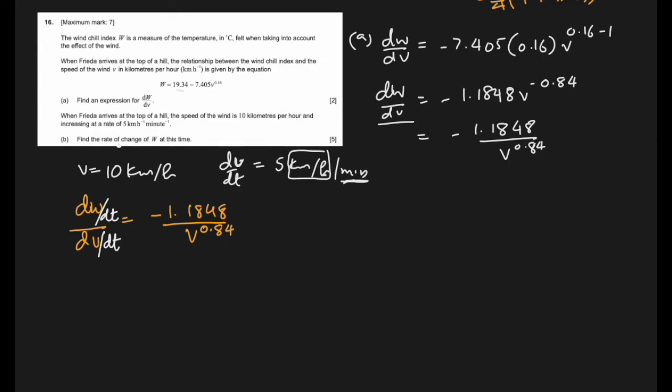Find the rate of change of W, dW over dt. So dW over dt will be equal to minus 1.1848 over 10 to the power 0.84. And now dV over dt, which I ignored here, will multiply here. dV over dt is given as 5 kilometers per hour per minute, so just 5. Whatever will be our answer, it will be per minute because this is per minute.